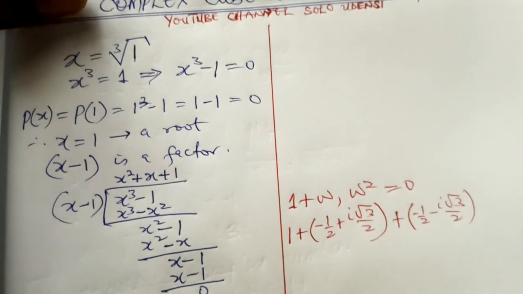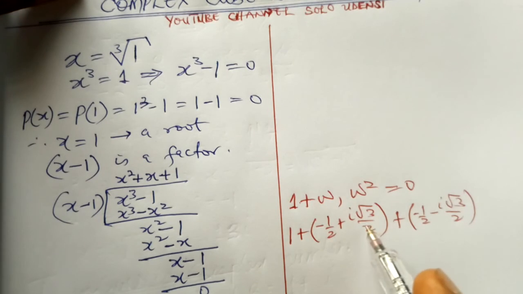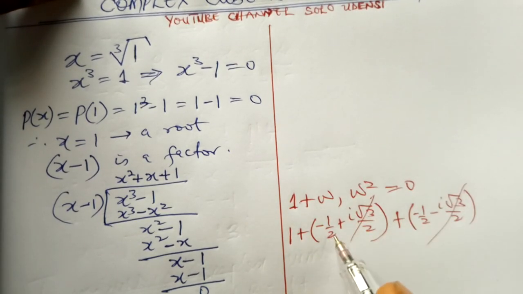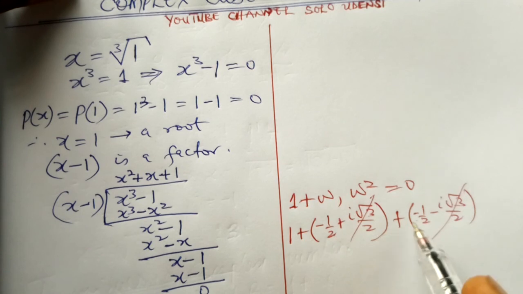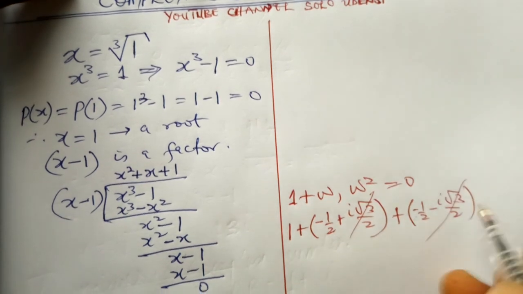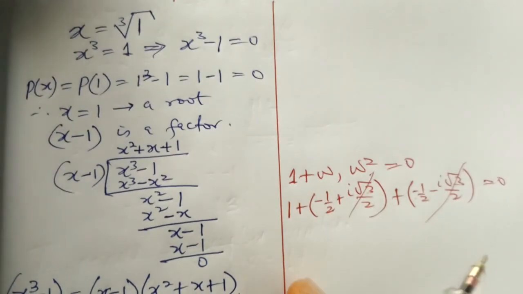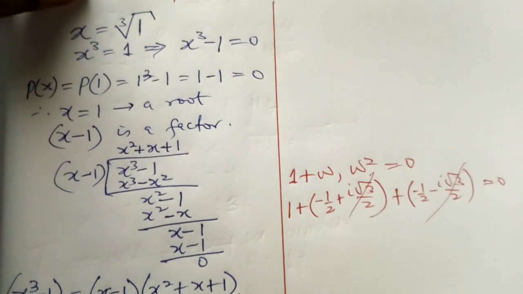If you work it out, you see that this minus this will go, this minus this is minus 1, this minus this is minus 1, then plus 1 is equal to 0. So these are how these things are done. With this you can use it to prove so many things.